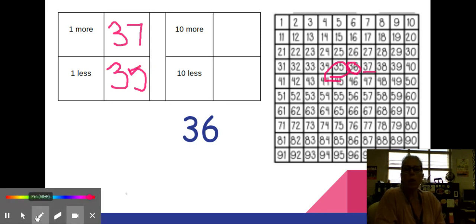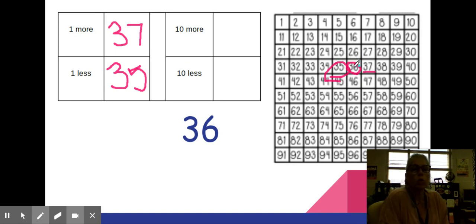Now, as we move up and down the hundreds chart, our numbers get 10 smaller as we go up, or 10 larger as we go down. Only the digit in the tens place is going to change. So we're at 36.